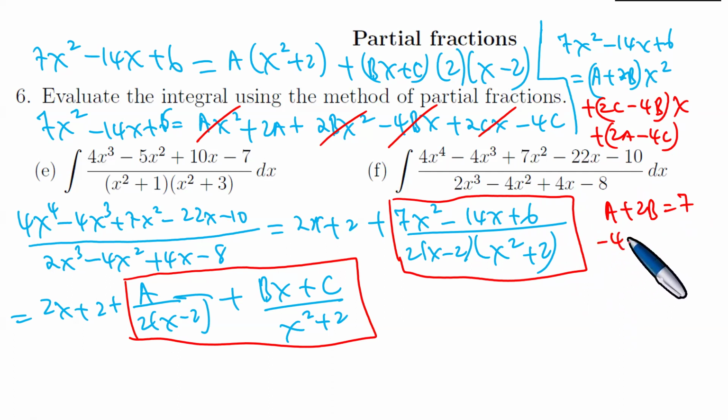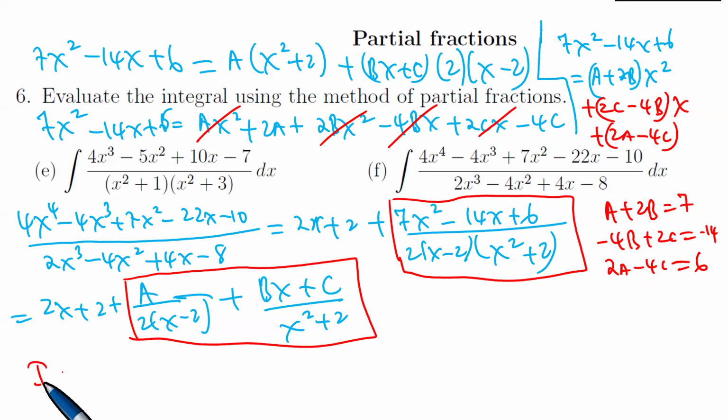Also, minus 4B plus twice C is minus 14. 2A minus 4C is 6. All right. If we take x to be 2, then this will be 0, and that is going to give us the value of A. And then you can get the B and the C.